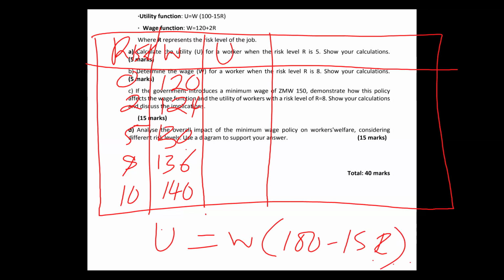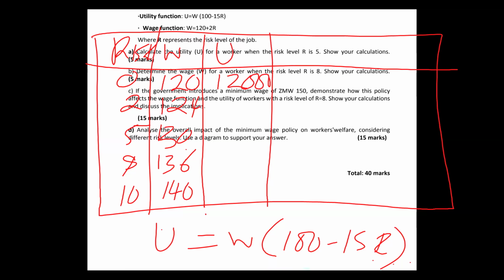So if you put wage 120, when the risk is 0, you just put 0 on R, it will be just times 100, isn't it? This will be 12,000. Are you following? Just do the substitution. Wage is 120, R is 0, the whole 15 part will decline into 0.